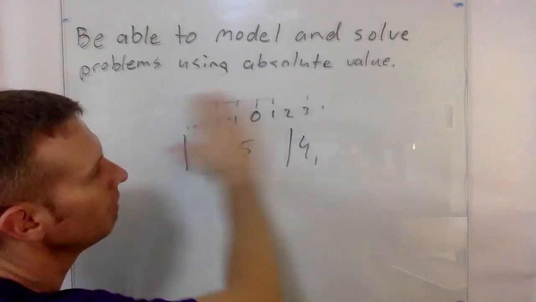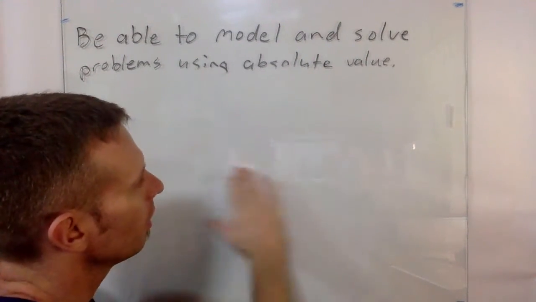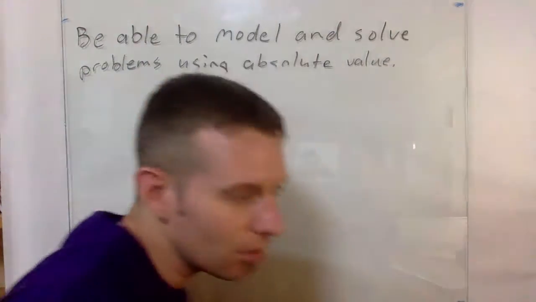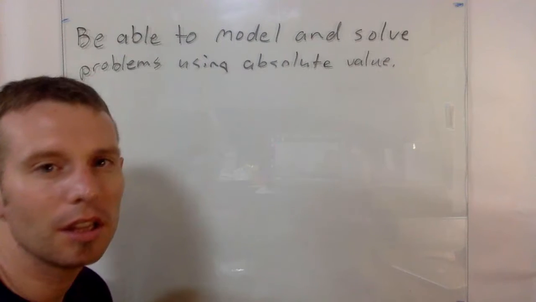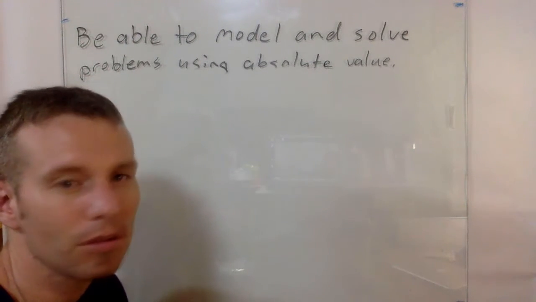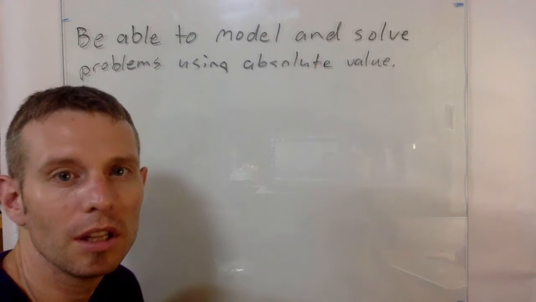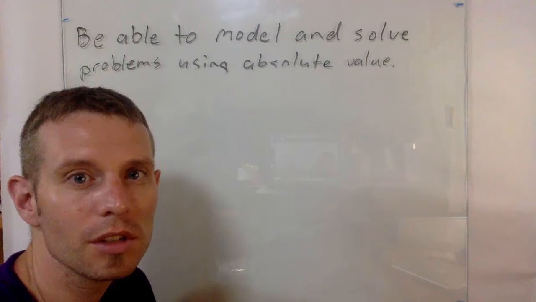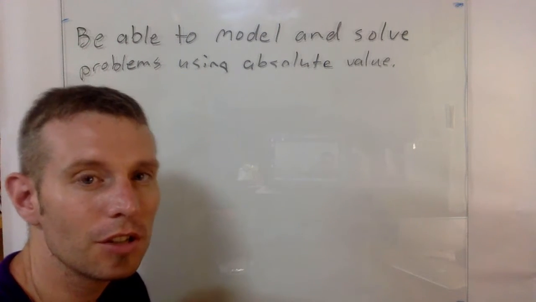Now, what kind of problems would you use absolute value for? Well, there's a few applications that I can think of. For one, a lot of things that we can see in our natural environment involve negative values. Sometimes you want to use the absolute value to find a change.